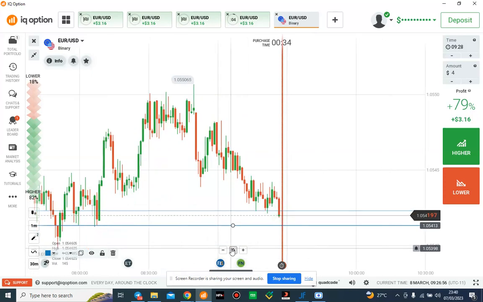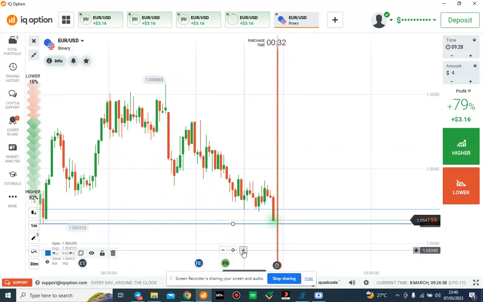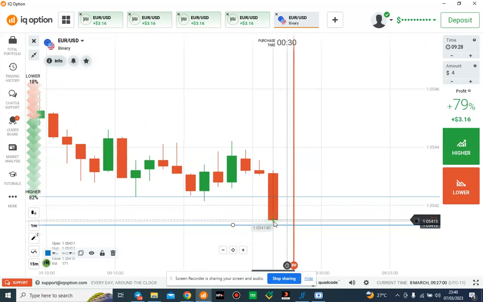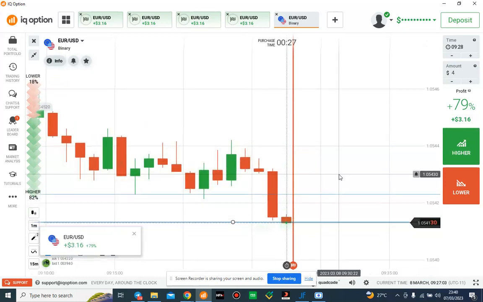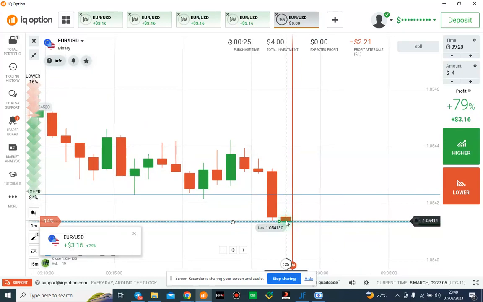So now the candle is at the buyer's zone with little or no rejection. So I think the next candle here should be bullish.